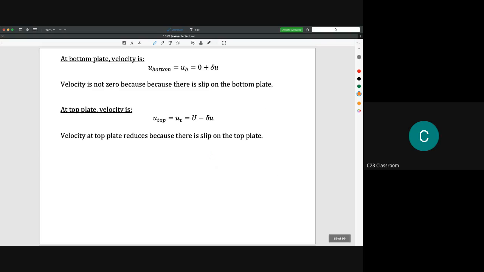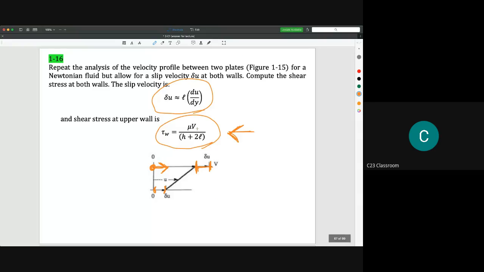Then we put in the boundary conditions. For example, at the bottom plate the velocity is actually delta u, and at the top the velocity is capital U minus du, because, as I said, at the top plate the velocity will be a little bit slower.